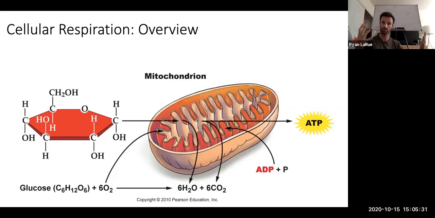The adenosine triphosphate ATP. And so this is the broad overview. And mitochondrion, that's the organelle involved, at least for part of this. And we're gonna go into detail of how we break apart glucose using oxygen to produce water, carbon dioxide, and energy.